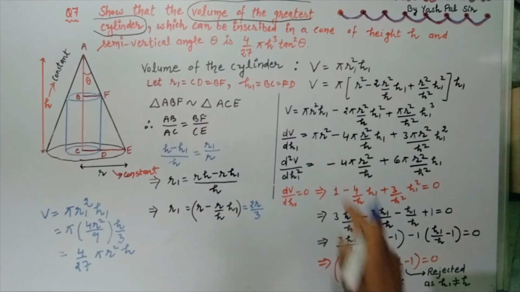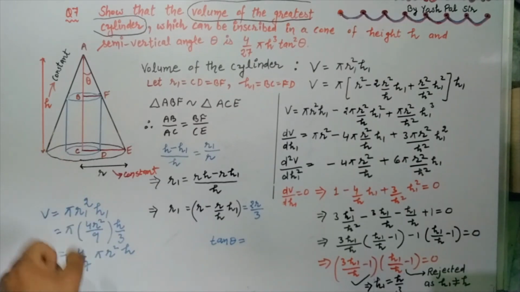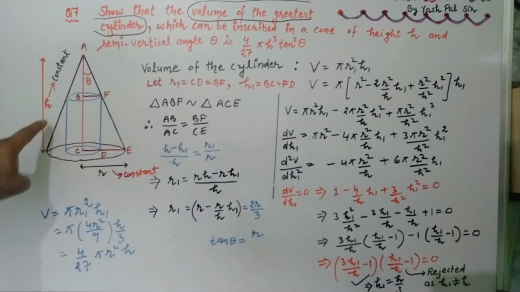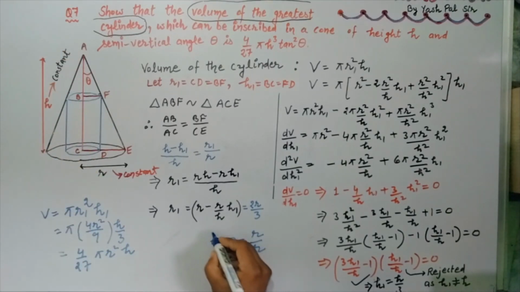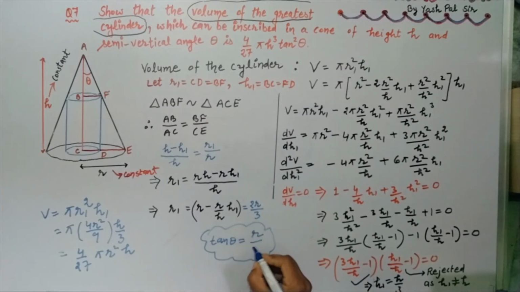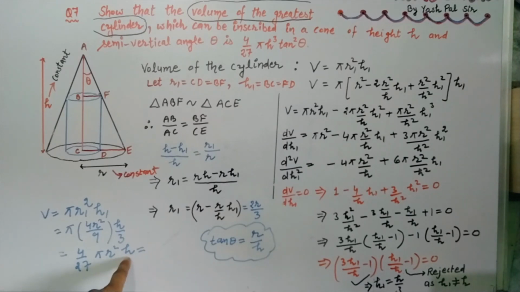Now the question is in the form of tangent theta. So tangent theta is equal to perpendicular upon base. Here perpendicular is r and base is h, right? So we use this result r upon h. Mean to say here what we are doing, we are dividing by h square and multiplying by h square.